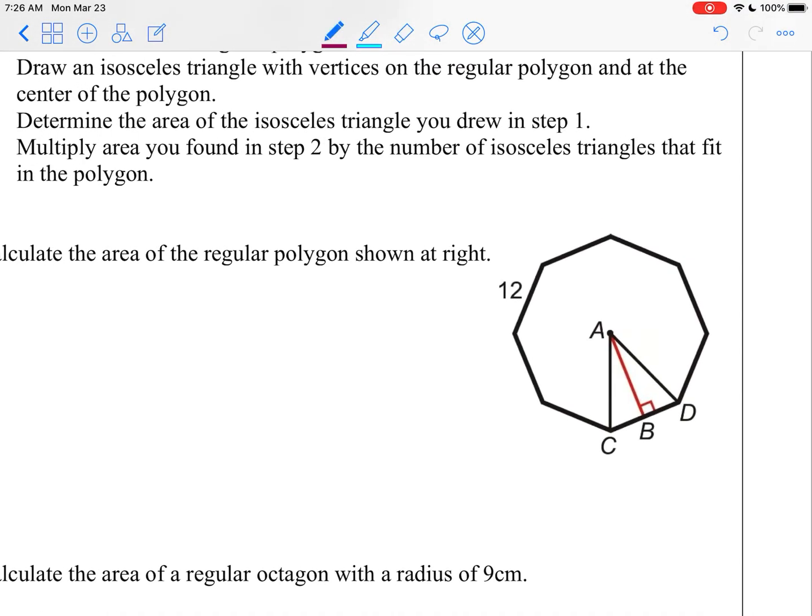is I'm going to go to this picture here, and we're generally not going to give you a picture, so this is just to get us started. But if it's a regular polygon, and we can only do this if it is a regular polygon, then that means that all of these sides are the same.